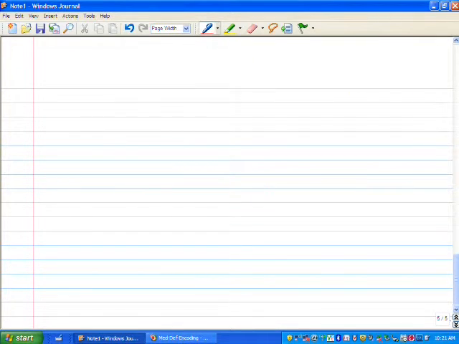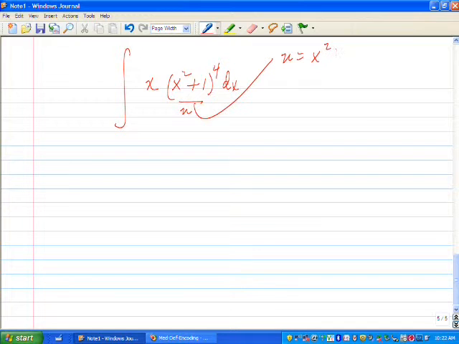Another example is, suppose we had x times x squared plus 1 to the 4th power dx. Notice that if we let u equal x squared plus 1, du dx is equal to 2x. So du is equal to 2x dx, and x dx is equal to du over 2.